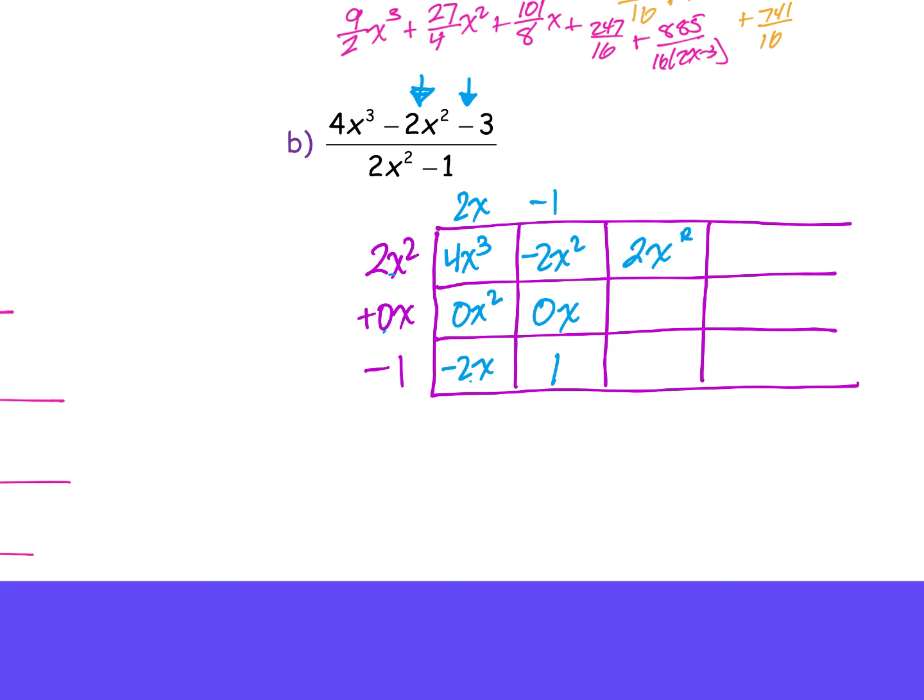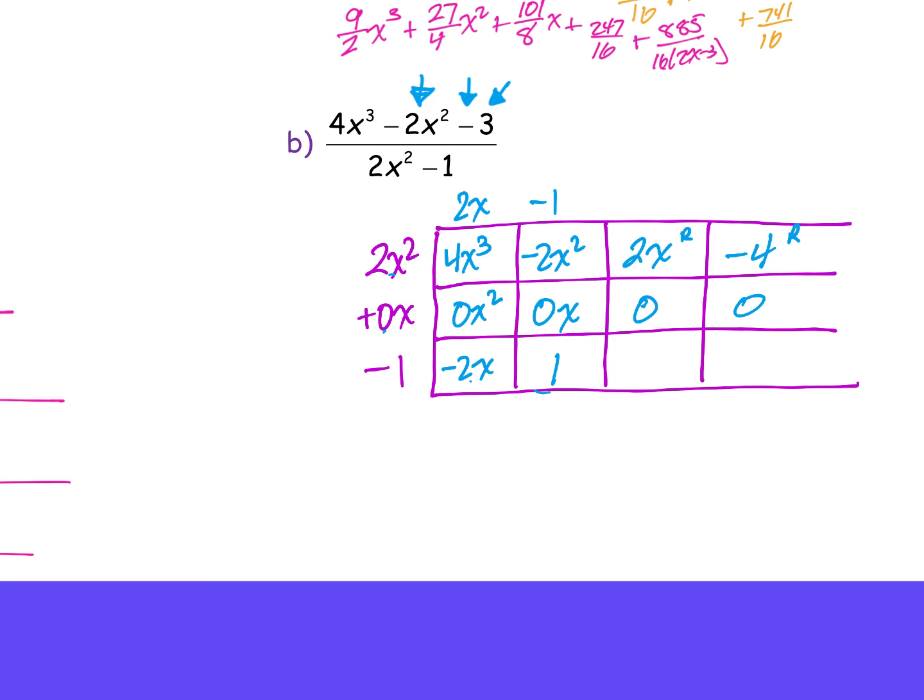And then I need to add 1 to something, right? This middle line is always going to be 0. So I have 1 plus 0 plus some number that gives me negative 3. What's that number? Negative 4.